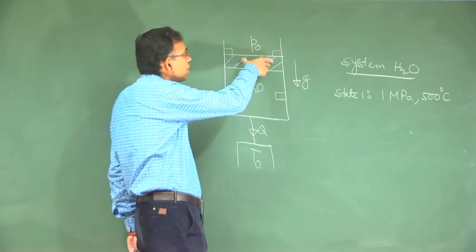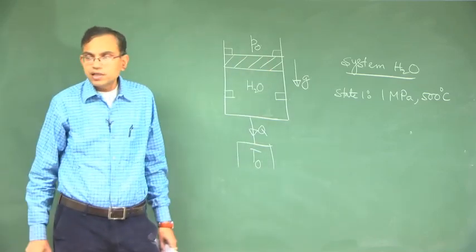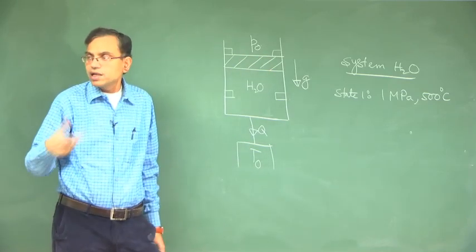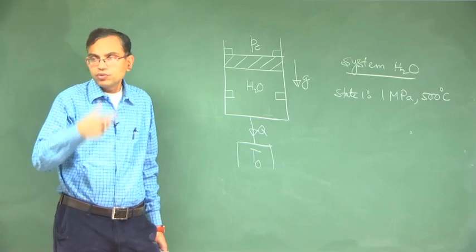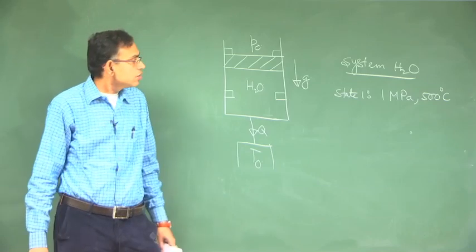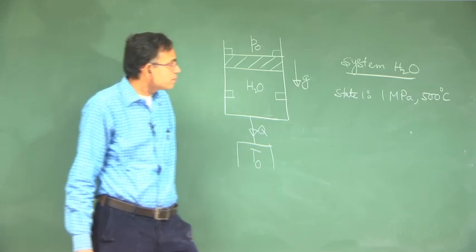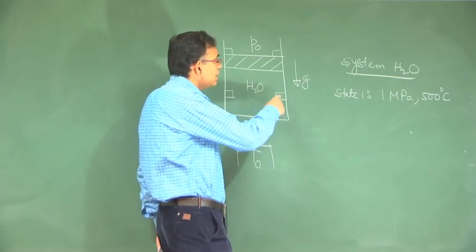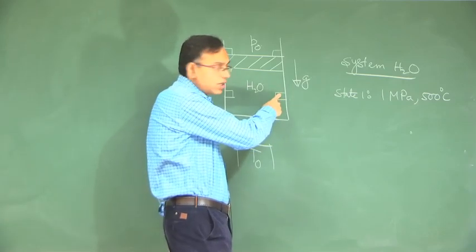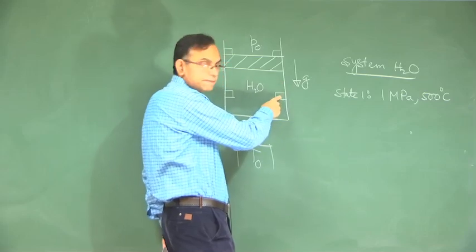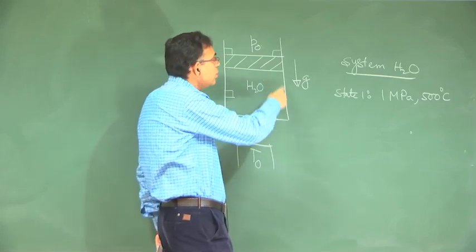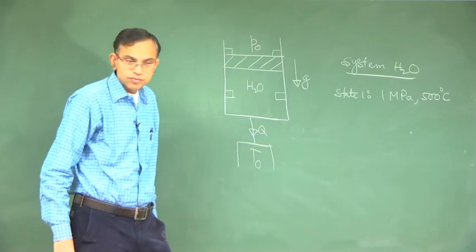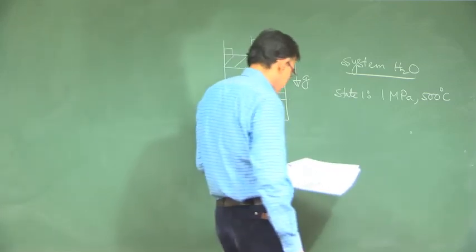This piston will start coming down, right, because it loses energy. So, it will come down. So, in the process, the question is that will it hit these stops, because if it hits these stops, then its volume cannot change further. So, let us check that.